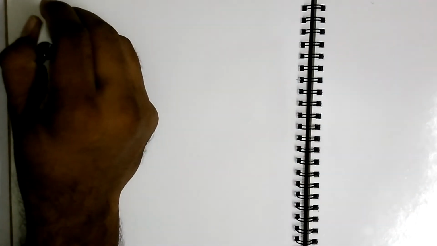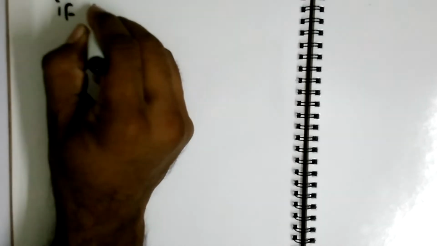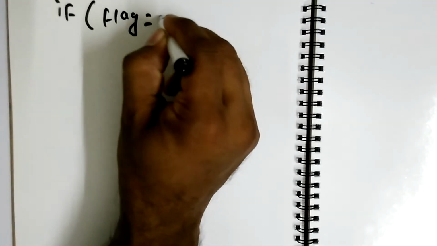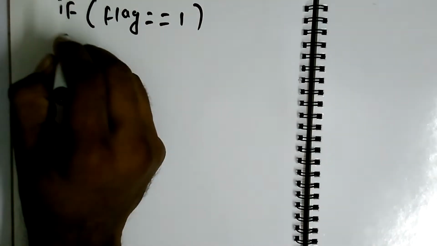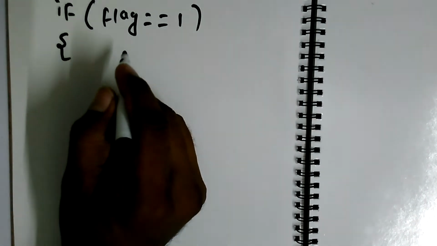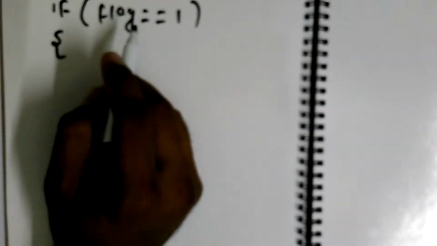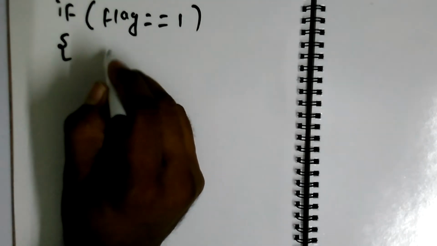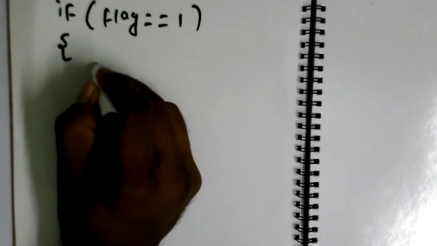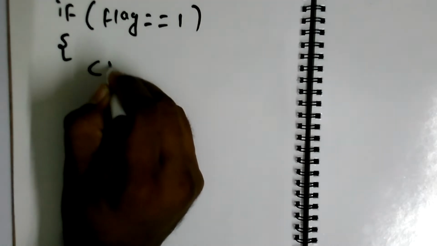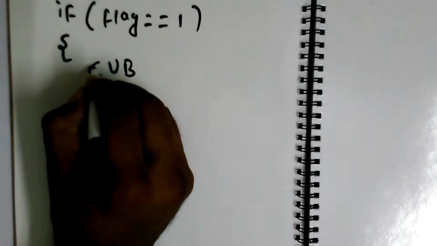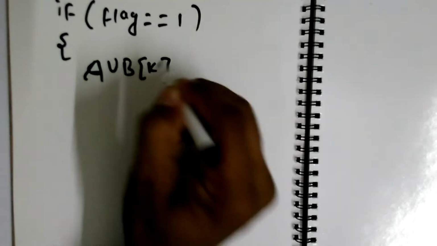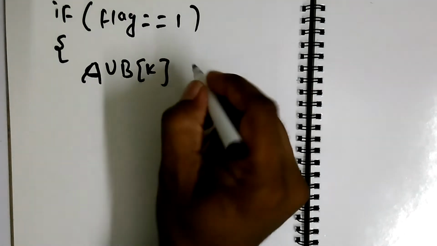So now I'm coming out of the inner for loop. If flag equals 1, that means the element is not present in array A, so I need to copy that element into A union B. So I'll say A union B of K. You remember our K was on the last position, right?